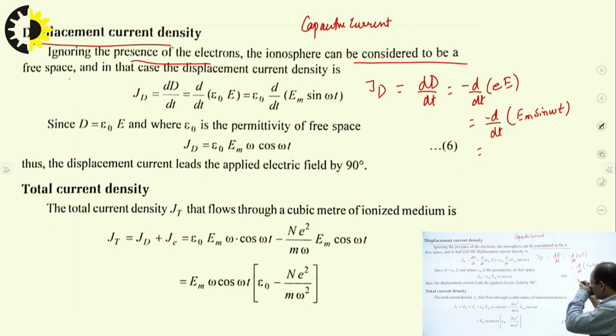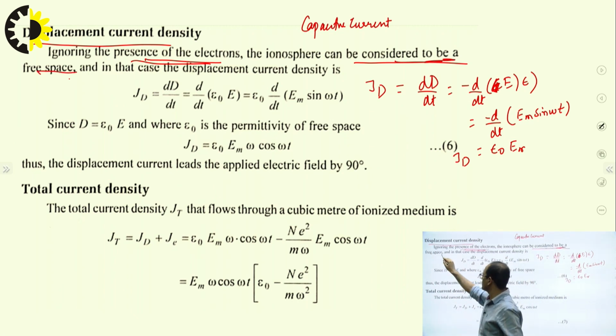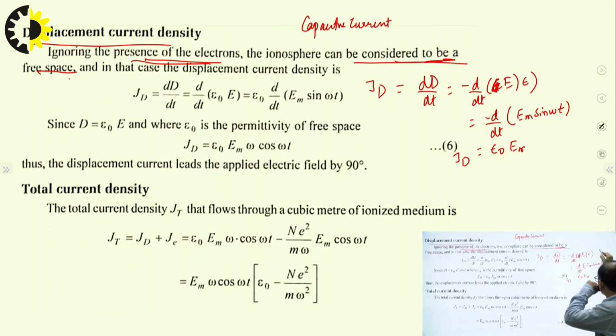on putting this value you will get JD is equal to epsilon naught Em. Why have I put this? This is the actual epsilon, and I have said that ignoring the presence of electrons, it is considered as free space, meaning epsilon will become equal to epsilon naught.